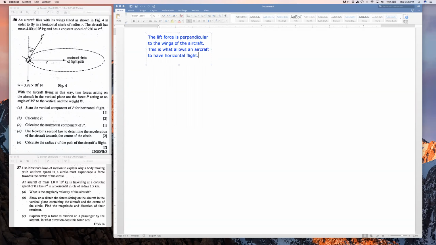Now, in order for this aircraft to move in a circle, we know that once a body is moving in a circle, there must be a net force acting on the body towards the center of the circle. And from our session on Tuesday, we said that this, what we call the centripetal force, is provided by the horizontal component of this lift force.